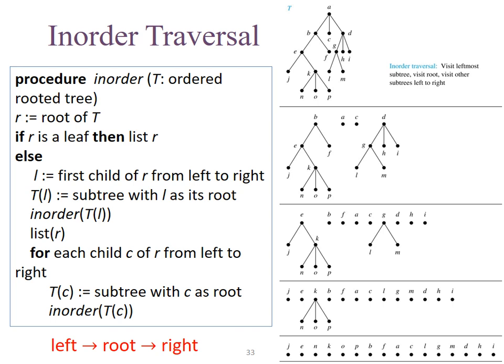So for these subtrees, we need to do A, B, and then this subtree by K. Then for this tree, actually we use N, K, O, P. And then for this subtree, we use L, G, K. Then you will have a sequence of the visits by in order traversal.